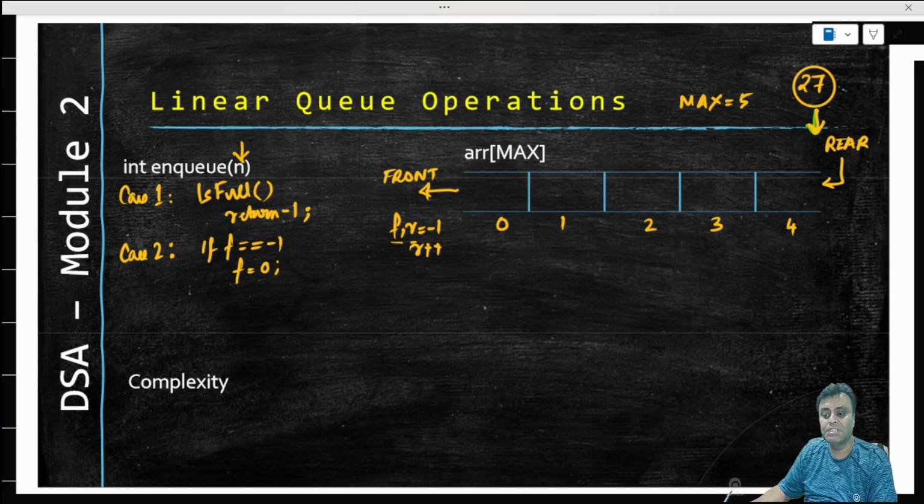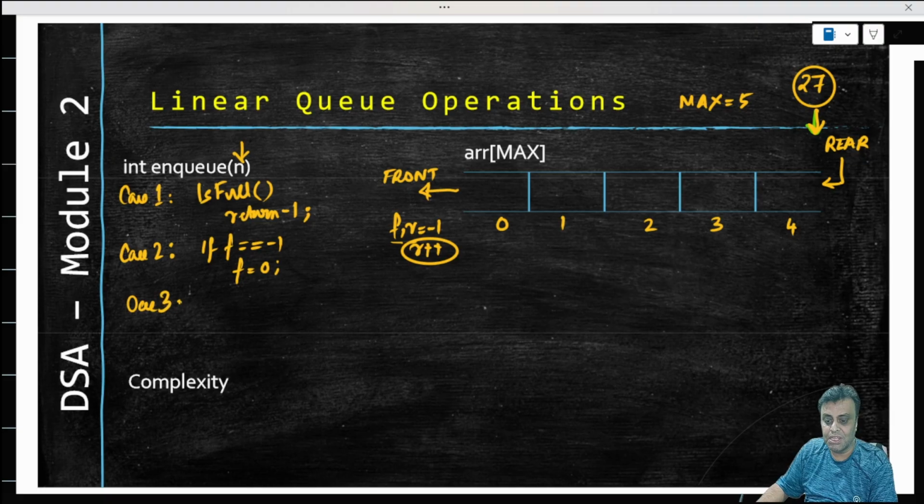So that is my first time initialization of the front, which is necessary because the enqueue operation does not increment front. It increments the rear. As you see here, rear will be incremented and the element will go to the new position of the rear. Front will not change. So at least for the first time, front will have to be set to 0 so that the queue pointers are in their correct positions. And that's why we will do this particular step.